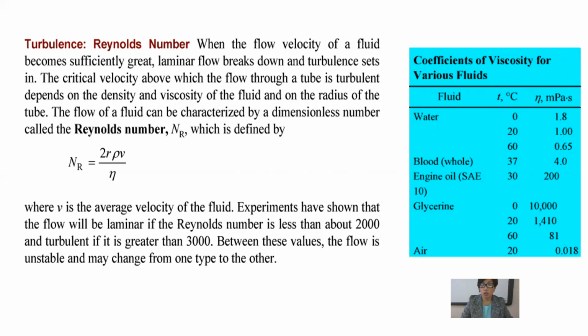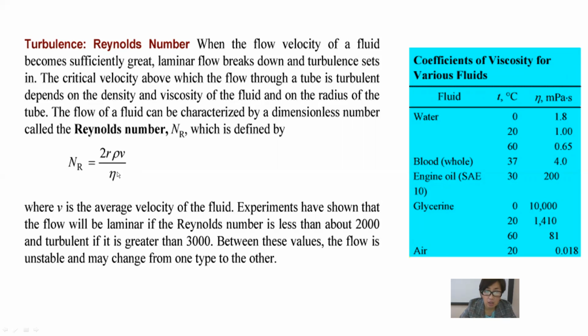The critical velocity above which flow through the tube is turbulent depends on the density and viscosity of the fluid and the radius of the tube. The flow of a fluid can be characterized by a dimensionless number called the Reynolds number.